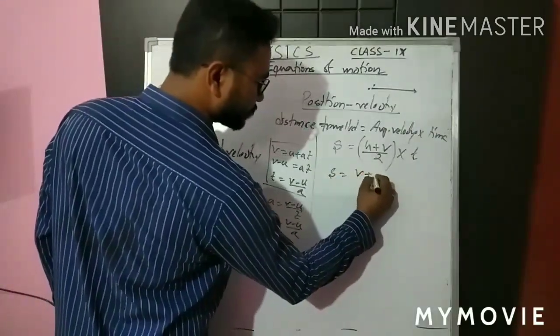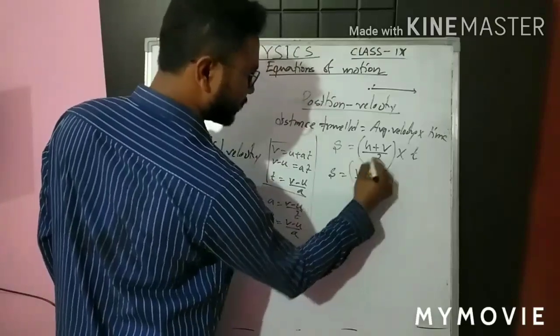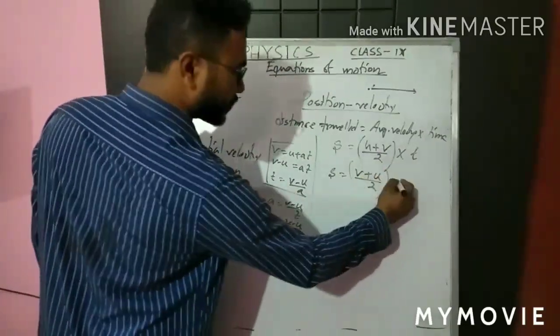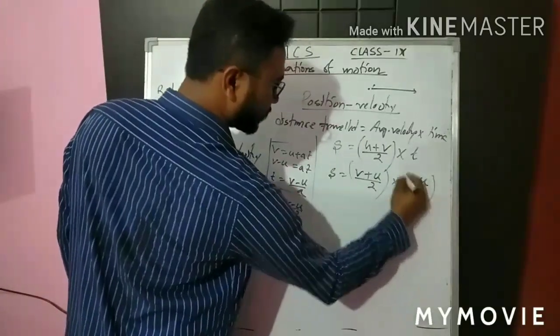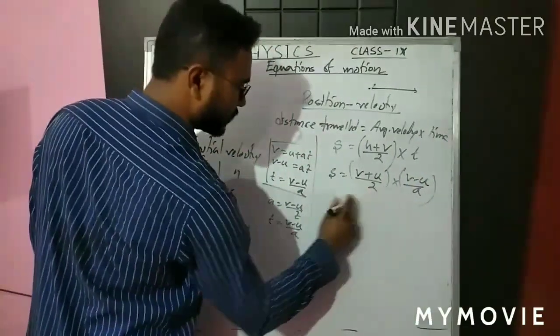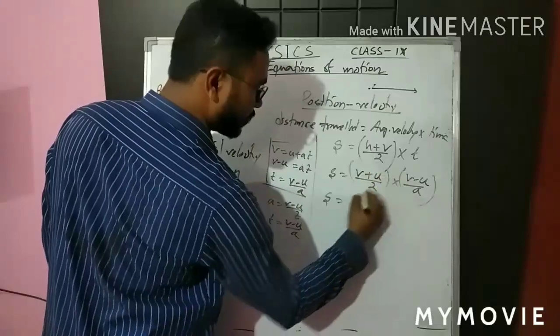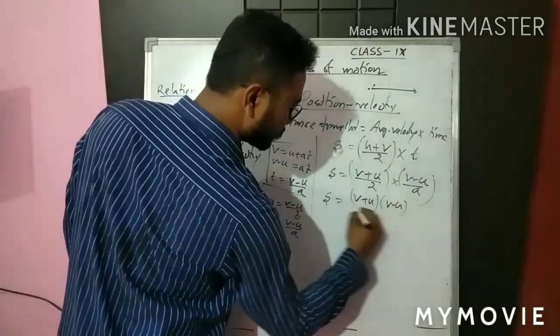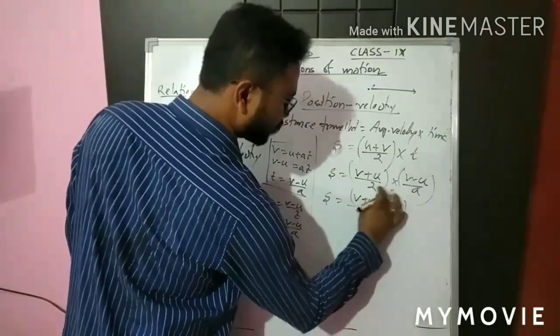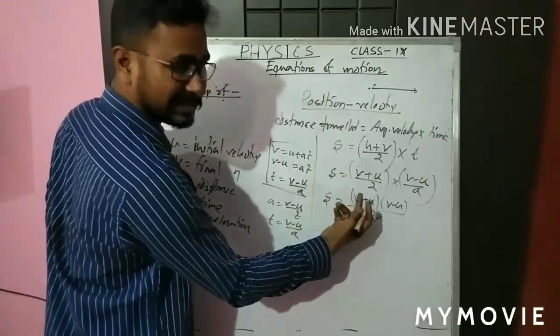So if you put the value of t, see here (u plus v), (v plus u), same thing, right? So you can easily put (v minus u) by a. Clear? Now let's do the next part. So it will be (v plus u) by 2 into (v minus u) divided by a, right?